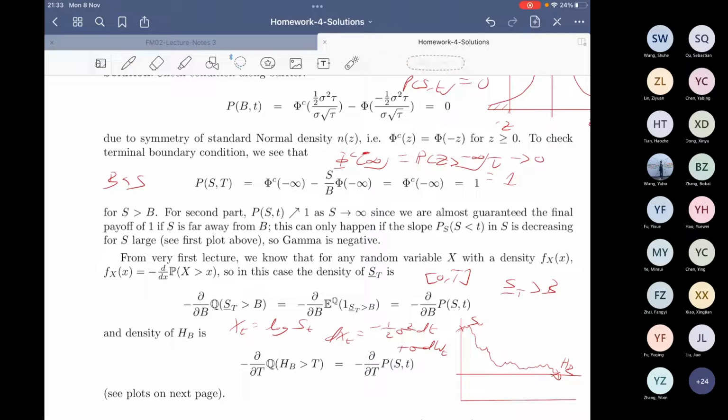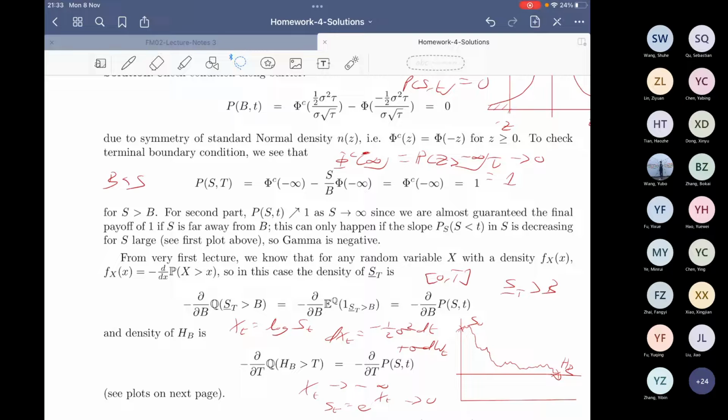Well, I can basically explain that now. Because the interest rate is 0, the log stock price evolves as follows. The SDE is that d of Xt is minus a half sigma squared dt plus sigma dWt. Because of this, Xt, the log stock price, drifts to minus infinity, and therefore St, which is e to the Xt, tends to 0. So because St tends to 0, it must hit any level b before that.